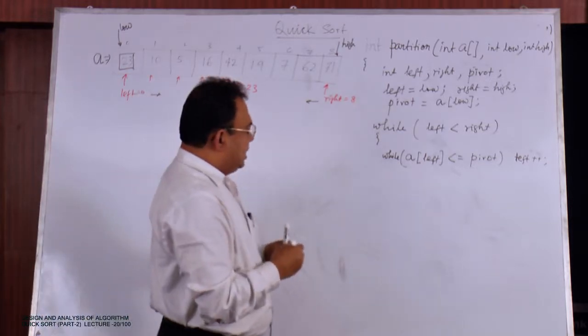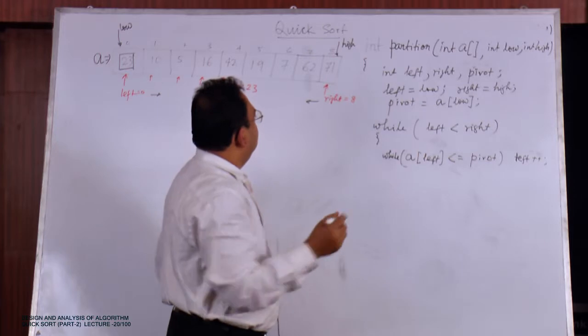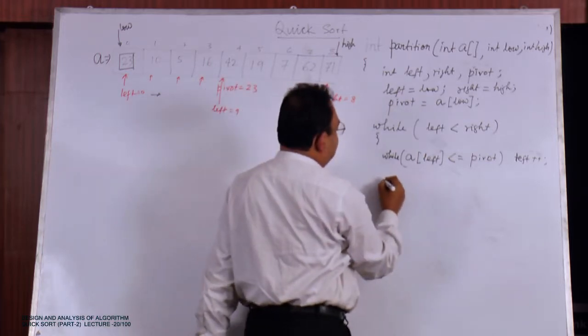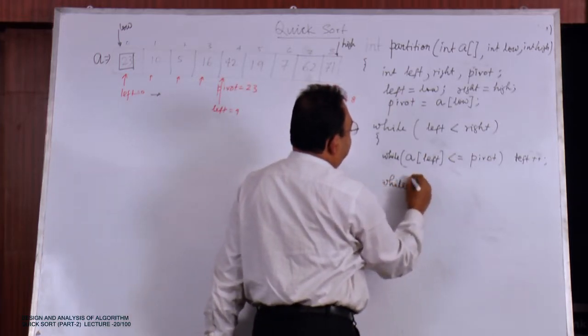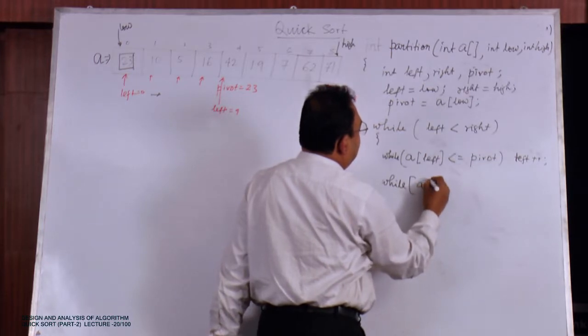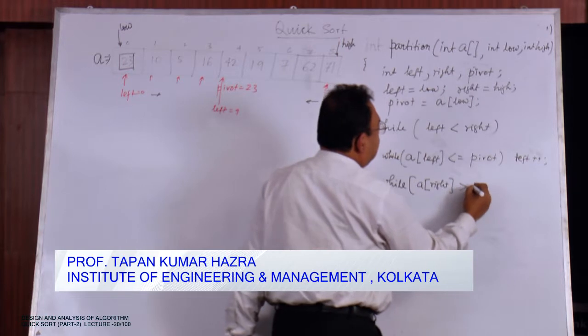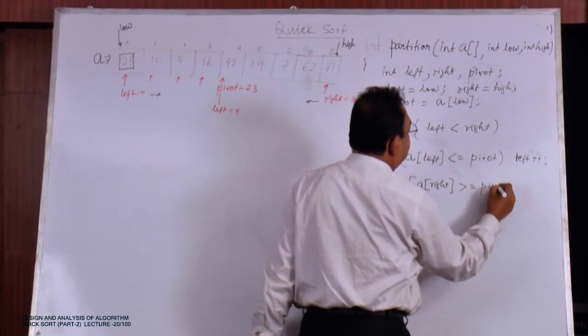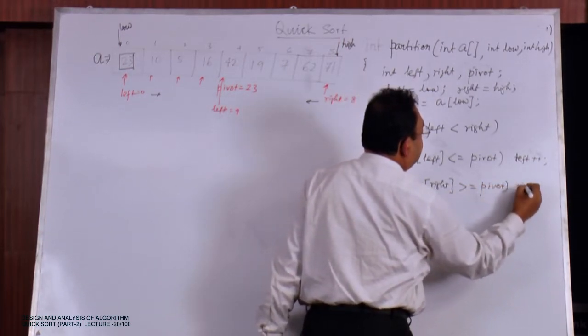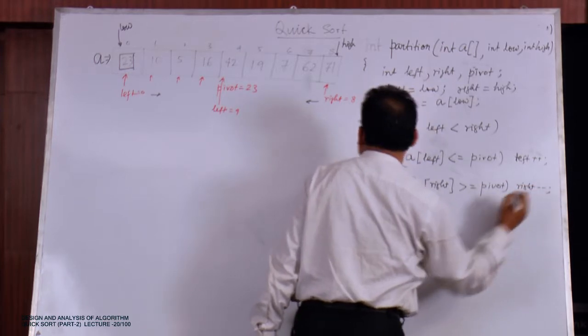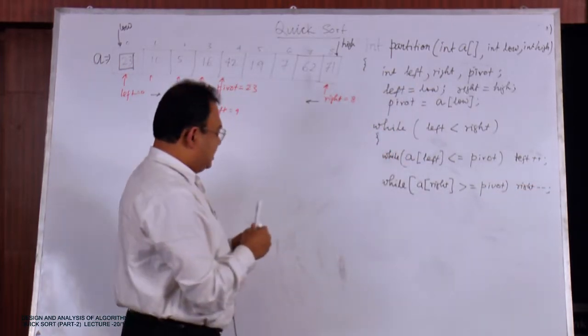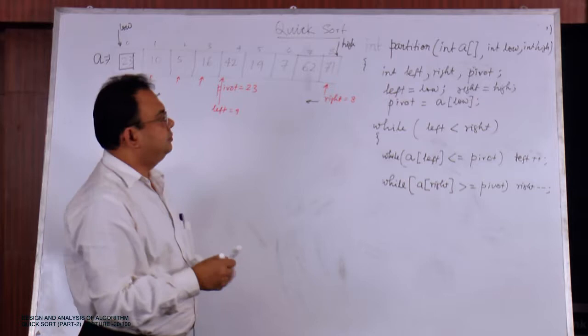Now, the same thing is continued for right. So, we are setting another loop: while A[right] is greater than or equal to pivot, then right minus minus. So, we are examining the elements from the right.